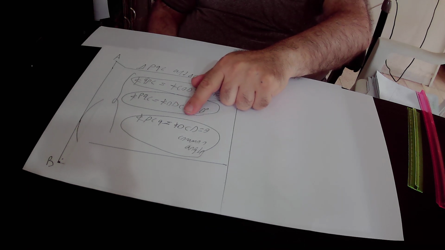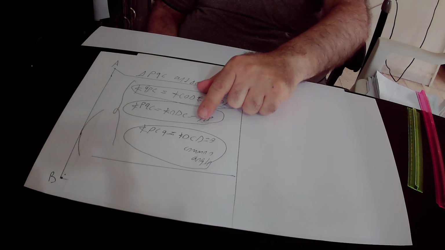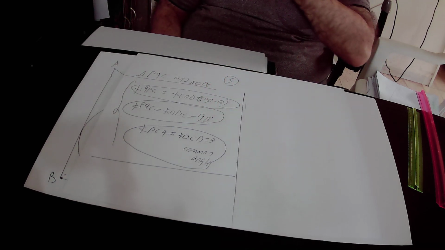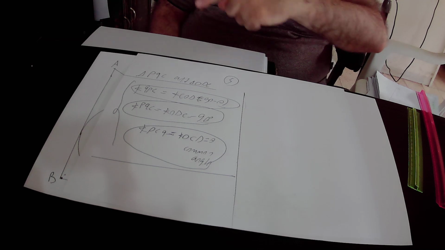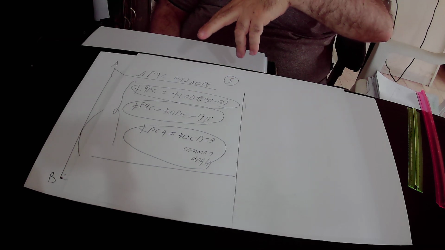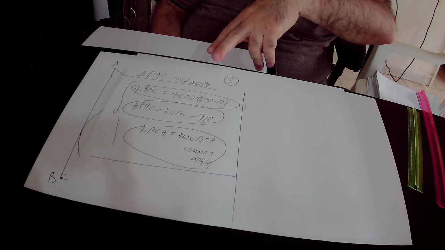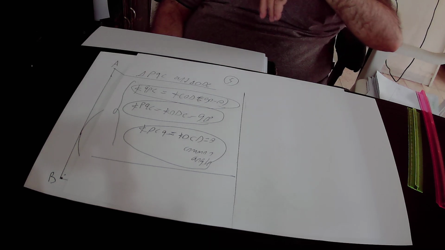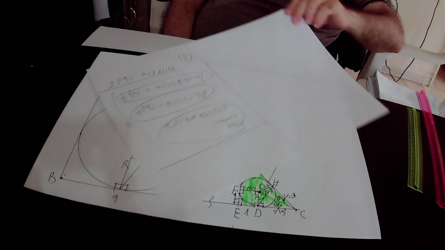So this question states that angle theta equals itself. It's a common angle that belongs to both triangles. So actually we proved that the big triangle PQC is similar to the small green triangle ODC according to the angle similarity rule. So I write it down.